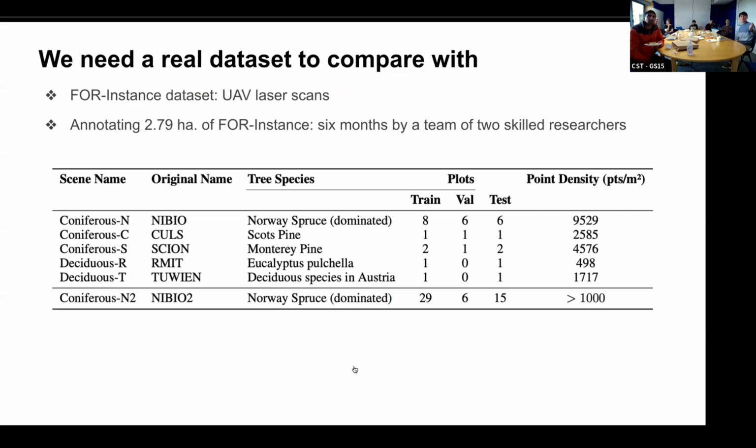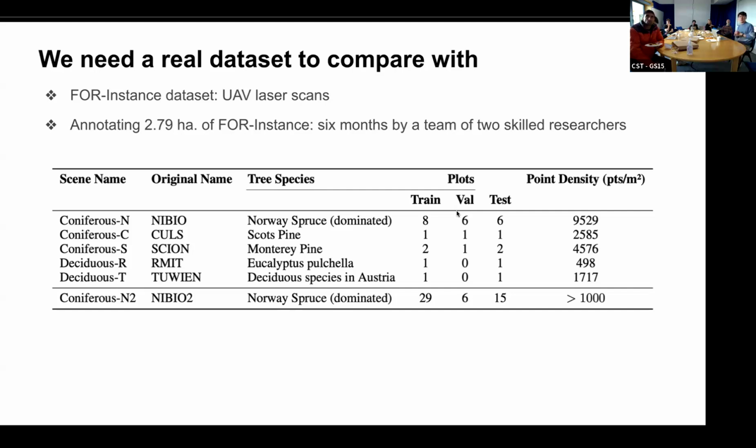It contains both coniferous and deciduous regions, but you can see that the number of training plots available is dominated by the coniferous end, because this data set was collected by a team from Norway, so they have a lot of data from this region, and only one or two plots from other regions.